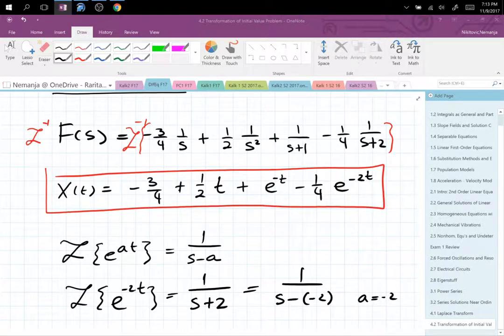So if you want to practice a problem that is a possible problem for your next exam, go home and dig up your exam 1 and you're going to find the word problem, I believe number 4 or 5, whatever it is, and you're just going to solve that problem using Laplace now, because this is what's on your next exam.